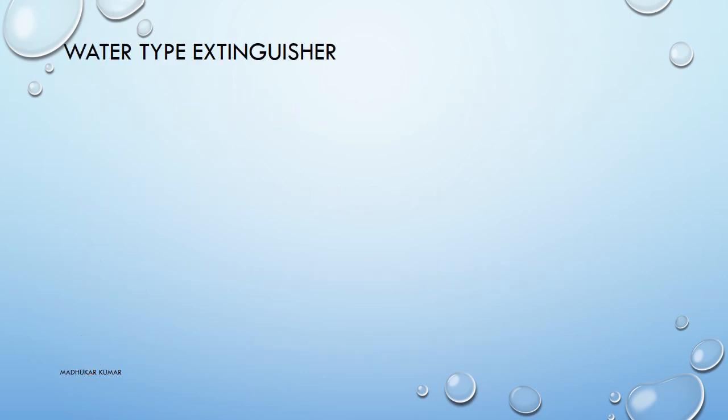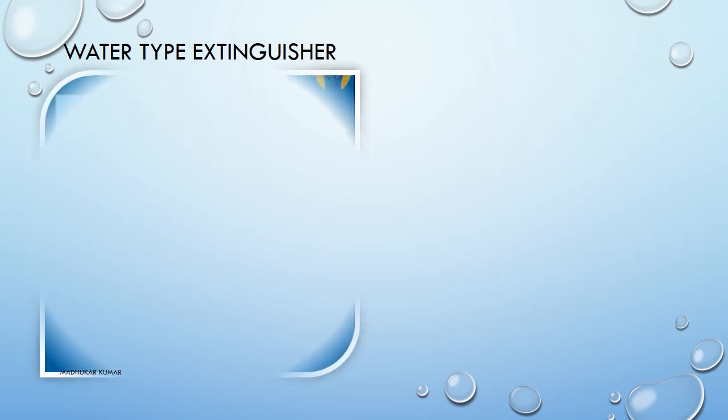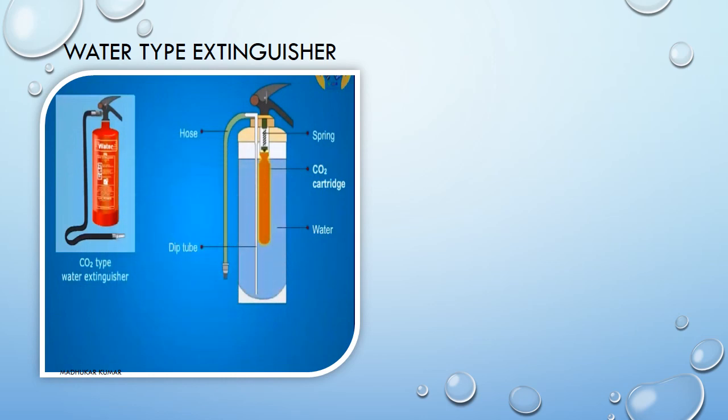Now we are going to see each portable extinguisher in a descriptive manner. Here you can see the water type portable extinguisher. First of all we will see the constructional details.